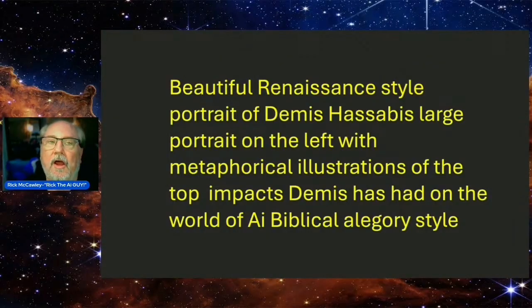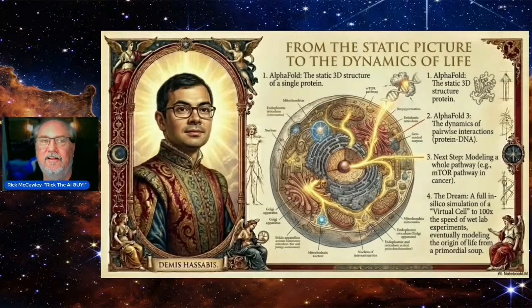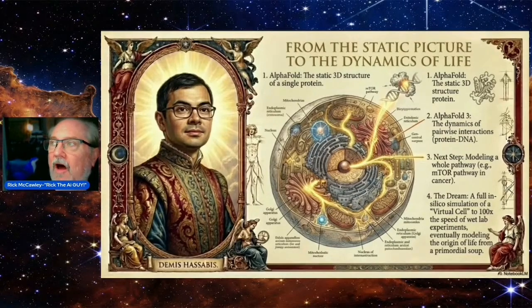Holy cow. Beautiful Renaissance-style portrait of Demis Hassabis. Large portrait on the left with metaphorical illustrations of the top impact Demis has had on the world of AI, biblical allegory style. There you go. It's the same thing as before, and it gets into AlphaFold, 3D static protein structures, AlphaFold 3, dynamic pairwise interactions.